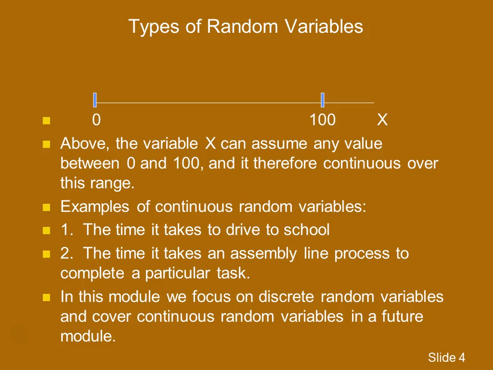The time it takes an assembly line process to complete a particular task. So things like time, distance, weight, things that need to be measured in some way and can be measured precisely enough, could be thought of as effectively continuous. Now in this module, Module 5, we're going to talk about discrete random variables, and continuous random variables will be the subject of the next module.